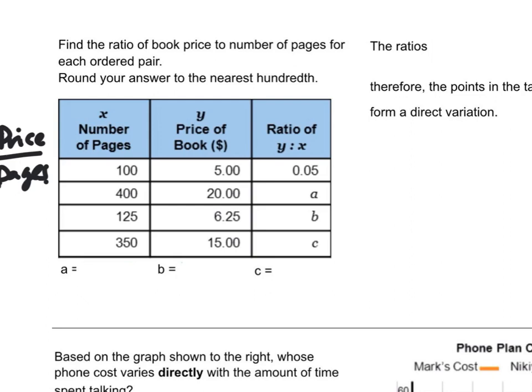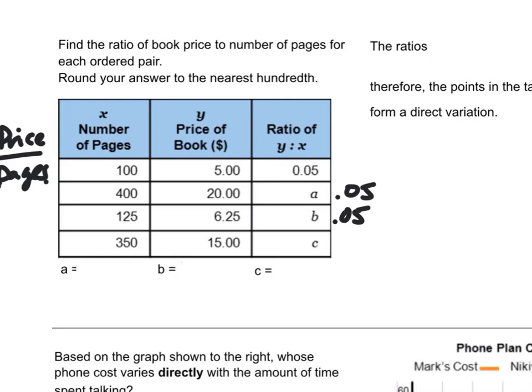If I do 20 divided by 400, look, I get 0.05 again. It's pretty cool. Let's check what happens here. If I have a book that's $6.25 and I divide that by 125, I get 0.05 again.